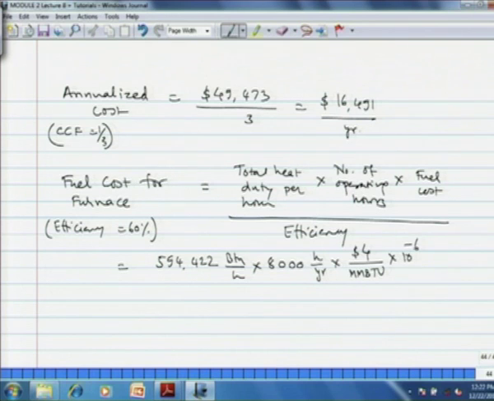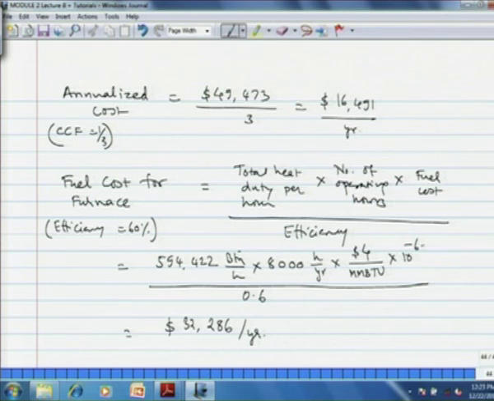So, we have to multiply by 10 to power minus 6 to convert BTU to MMBTU, divided by 0.6, and then if you just calculate, you will get the fuel cost as $32,286 per year. This is the annual fuel cost.